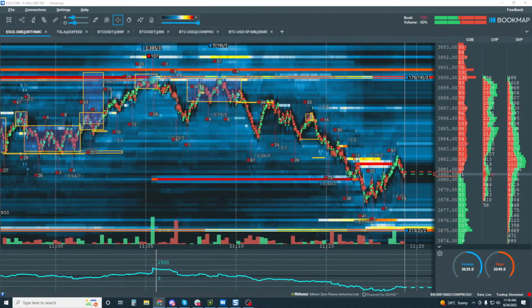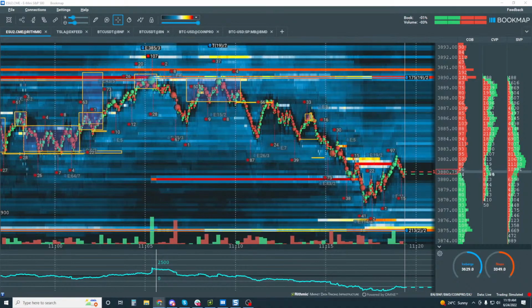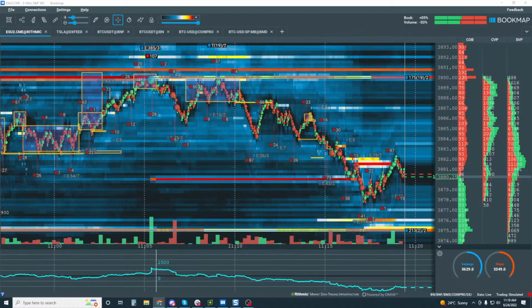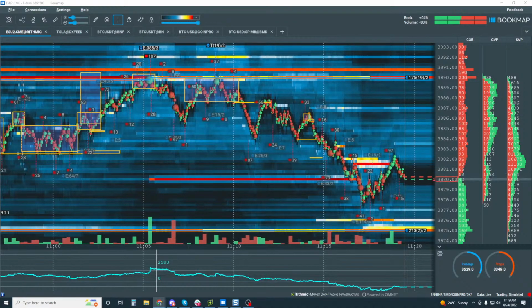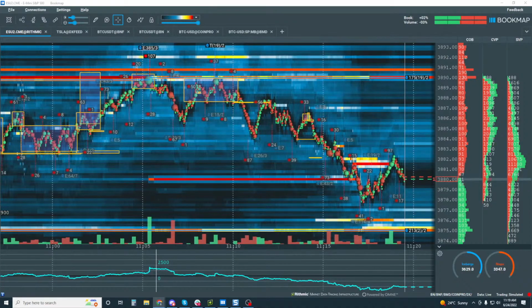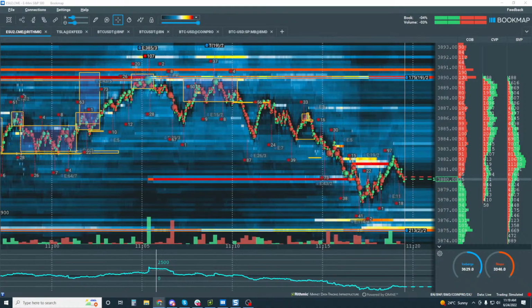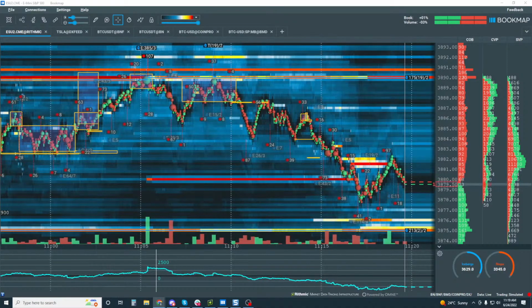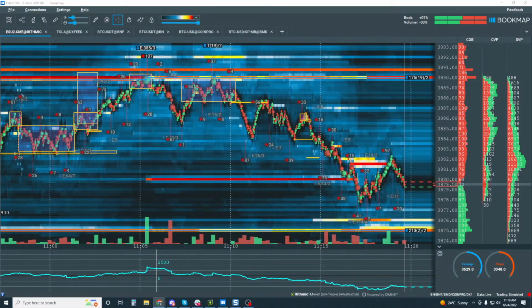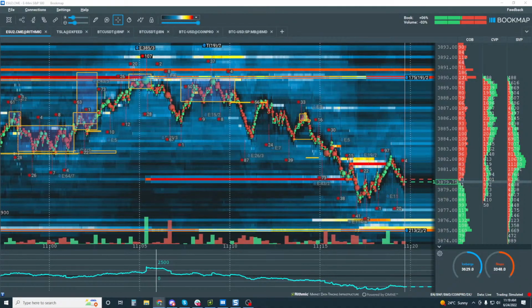JP, you want me to take a look at Bitcoin? It's funny you mentioned that, the platform is almost like a cheat. We've had professional traders, when we came out with Bookmap years ago, go like, God, this almost seems illegal.